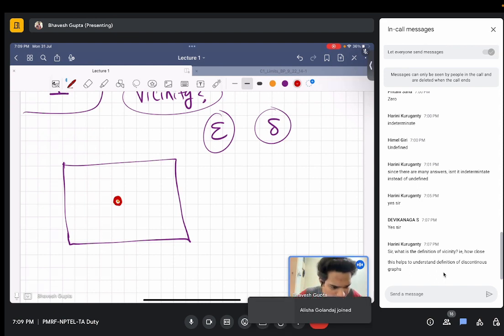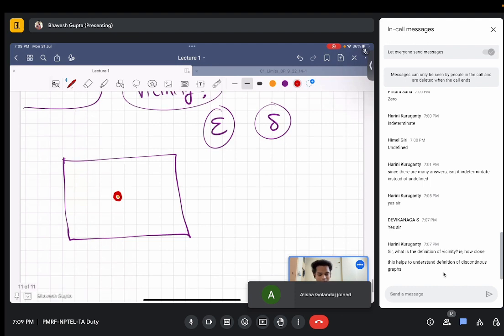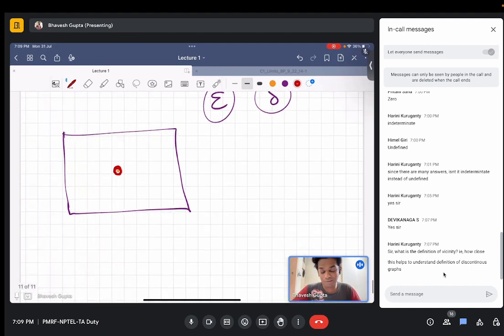So what is the definition of vicinity, and how close is it? It helps to understand the definition of a discontinuous graph. Yes. Okay. So when do I say the graph is discontinuous? When the behavior in the vicinity is not the same.